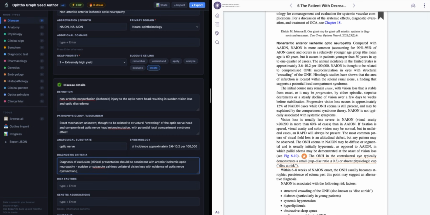I'll put in brackets here some of those things: decreased visual acuity, decreased color vision, presence of relative afferent pupillary defect, visual field defects. Right?